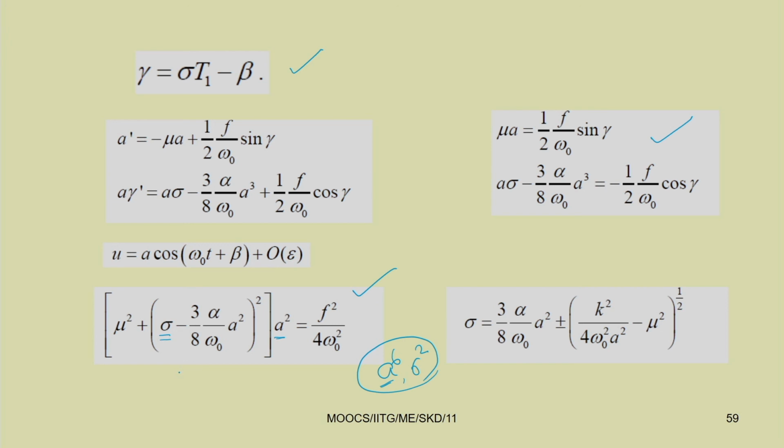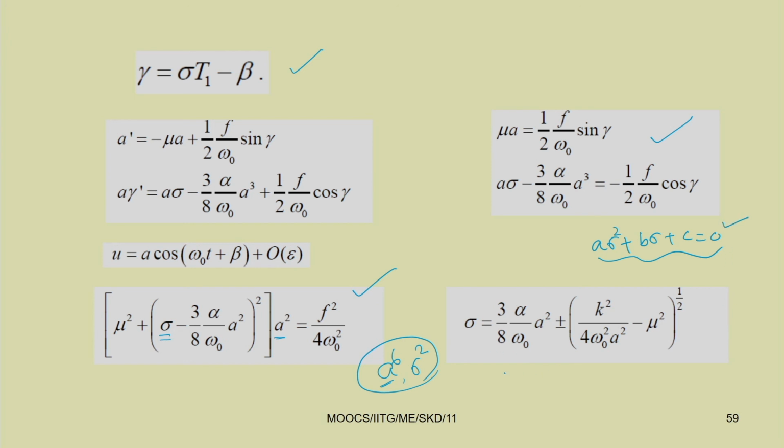If we have an equation, for example, a x square plus b x plus c equal to 0, or here we have the sigma, a sigma square plus b sigma plus c equal to 0, the solution is sigma equal to minus b plus minus root over b square minus 4ac by 2a.